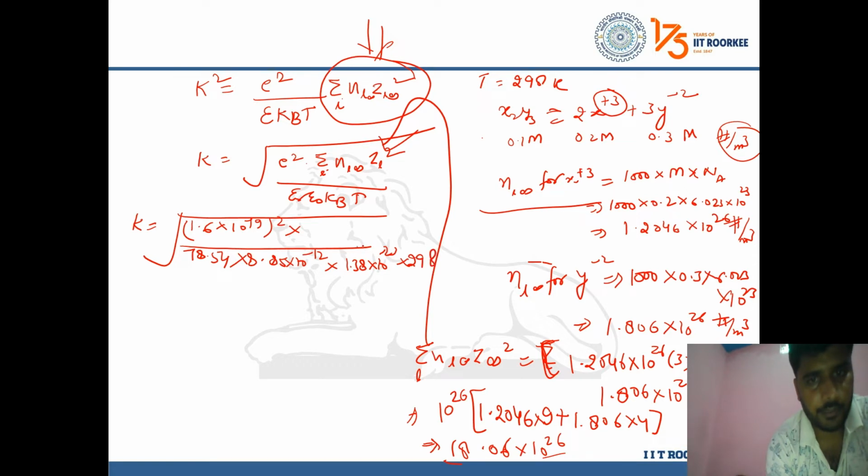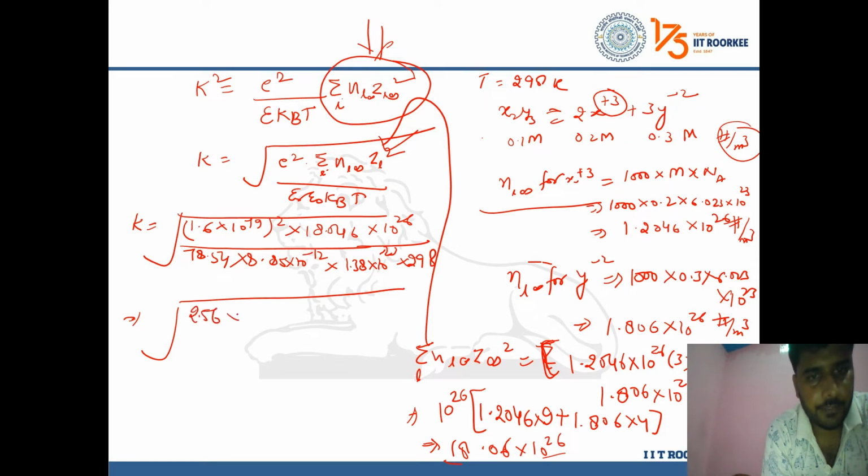For temperature you have to put 298, and this term value will be 18.06 times 10 raised to 26.